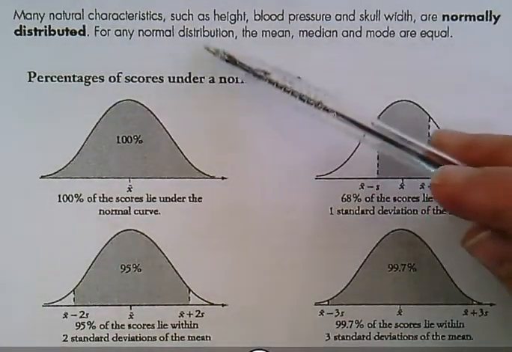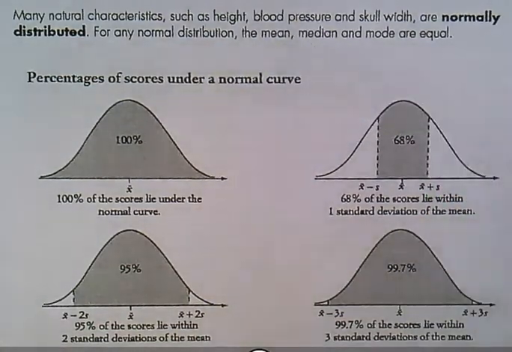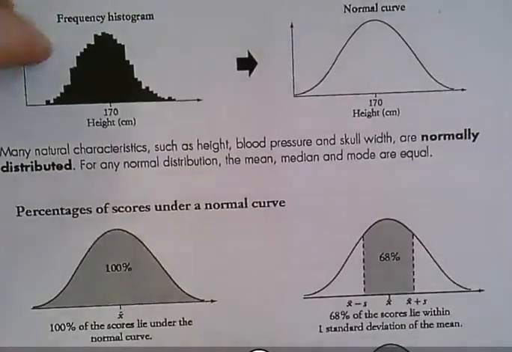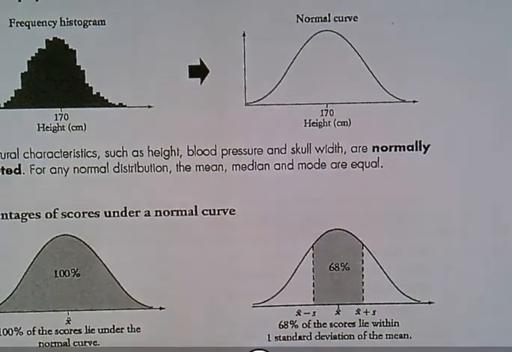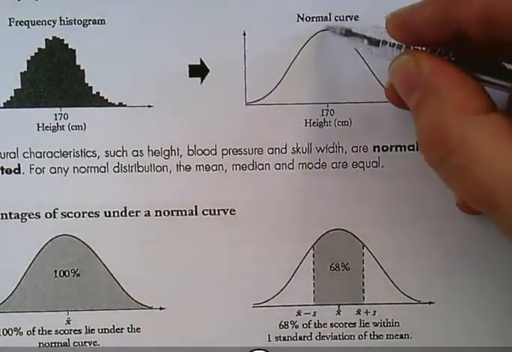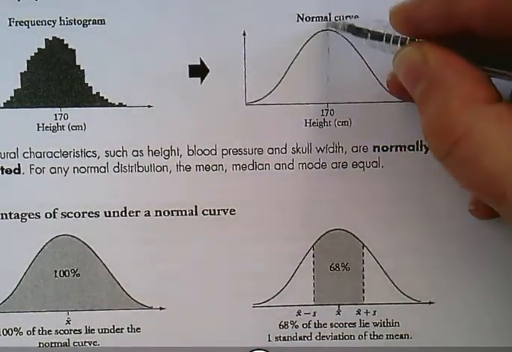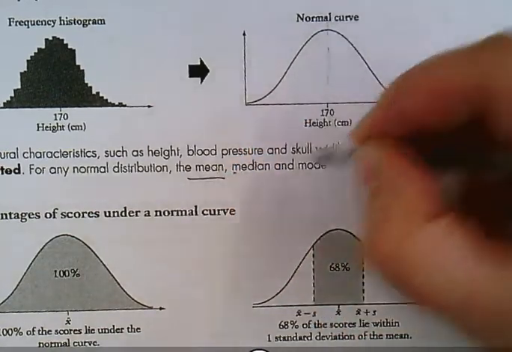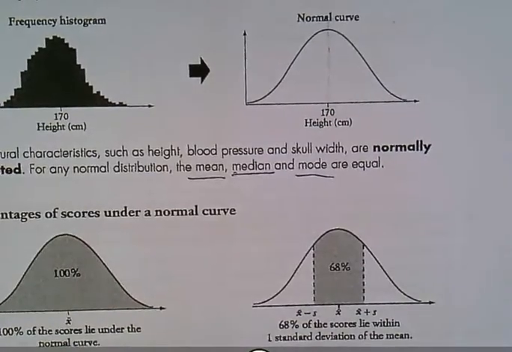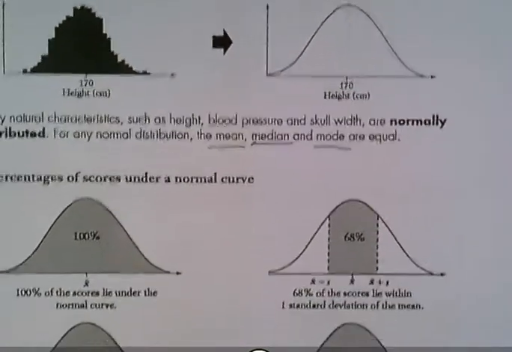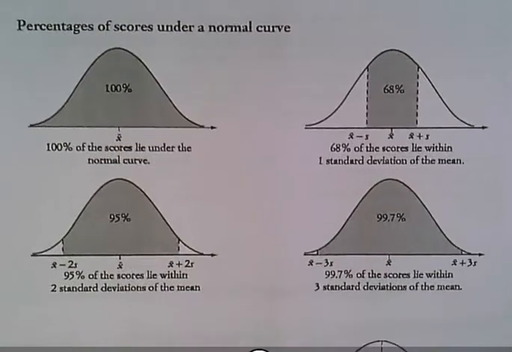For any normal distribution, if it's perfectly symmetrical, the mean will be in the middle, the mode will be in the middle, and the median will also be in the middle. So for a perfectly symmetrical distribution, mean equals median equals mode.